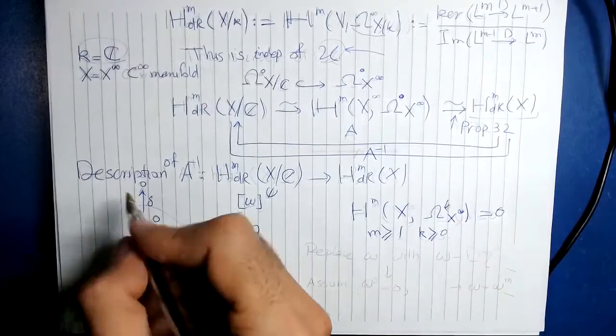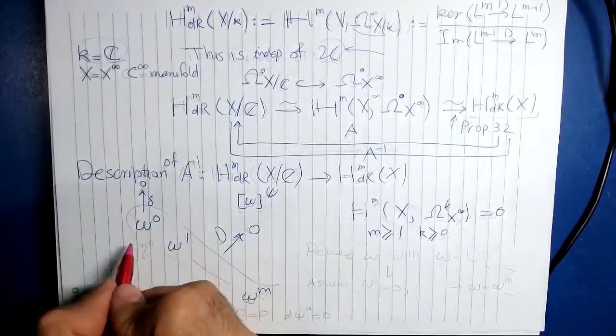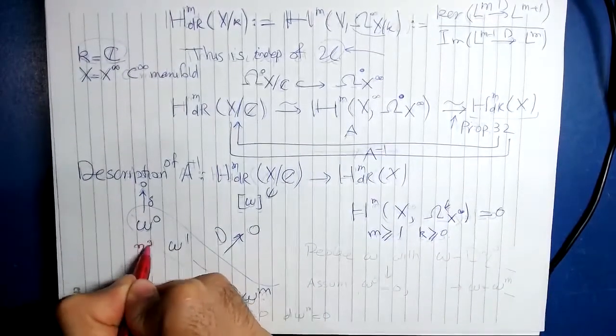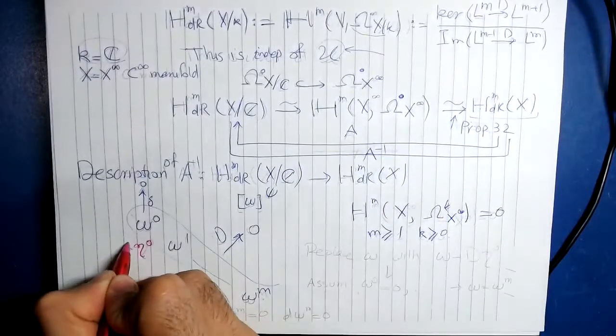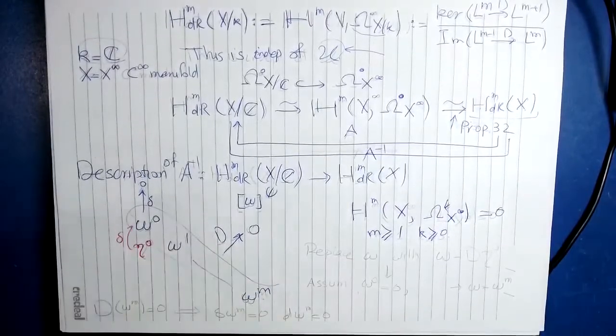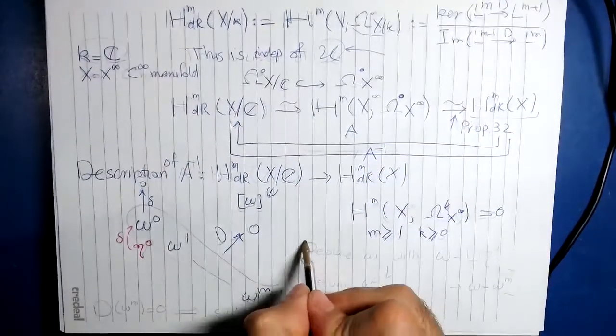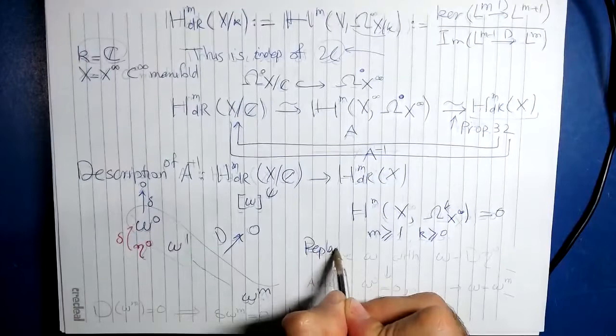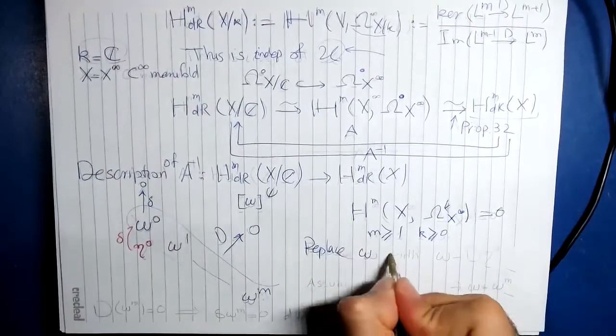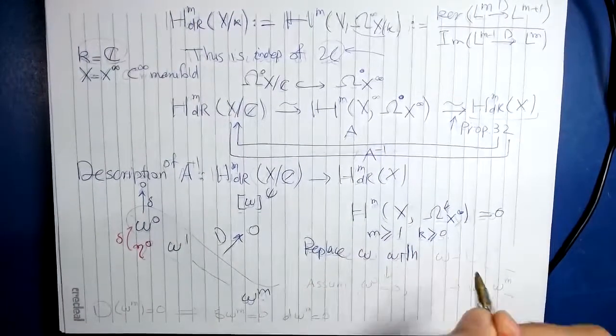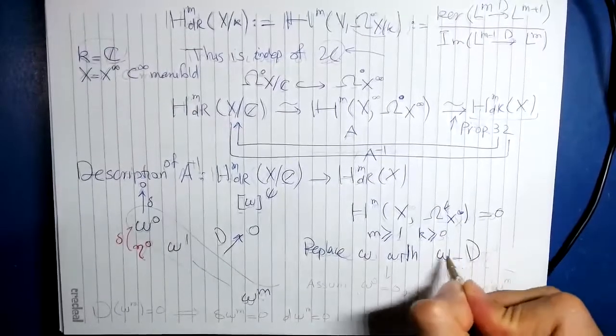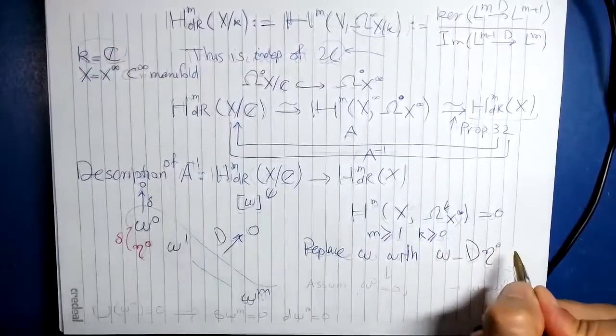So once delta is equal to 0, then this means that there will be some eta 0, a C infinity form, such that by delta it maps to omega 0. Now the trick is this one. Replace omega with omega minus d eta 0.